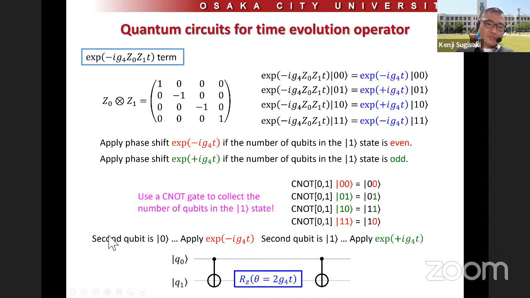In the case of the second qubit being 0, we apply exponential minus i g4 t. And if the second qubit is the one state, we apply the exponential plus i g4 t phase. So this operation can be realized by applying CNOT gates to count the number of qubits in the one state to this Q1, and then apply an RZ gate to perform the phase shift. We need additional CNOT gates to recover the original state.